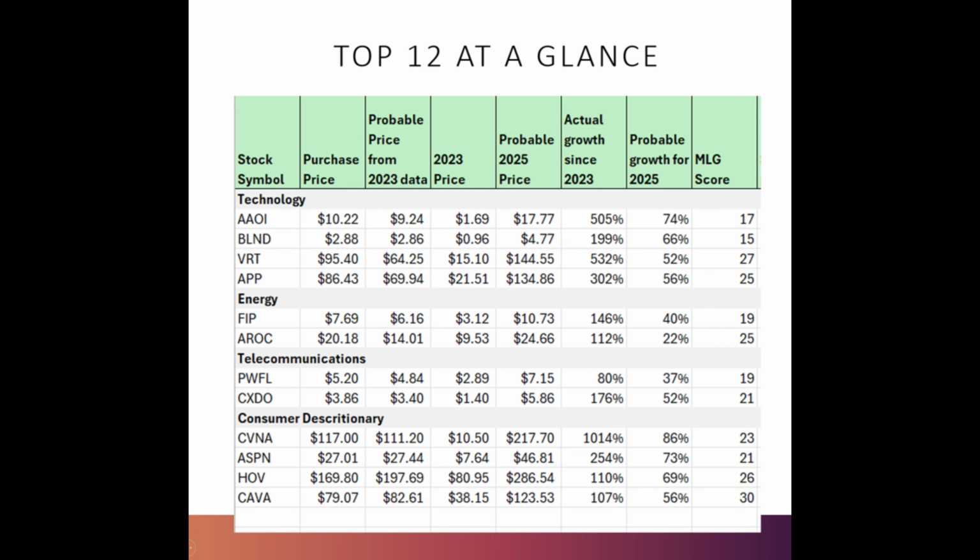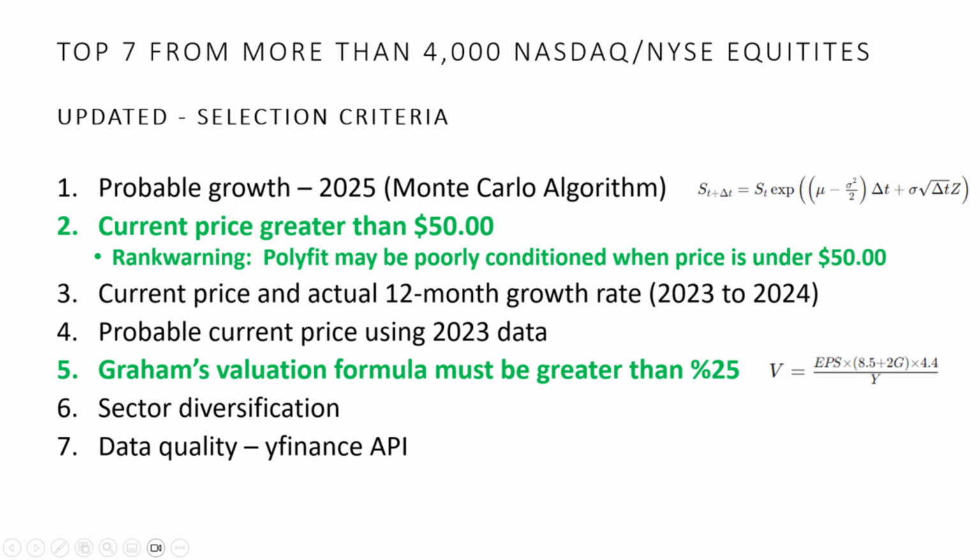Based on new information, I filtered my list from top 12 to top 7. I'm still using as selection criteria the Monte Carlo algorithm and probable growth rate through 2025. And the current price, and this is the primary change from the table I just showed you, the price has to be greater than $50.